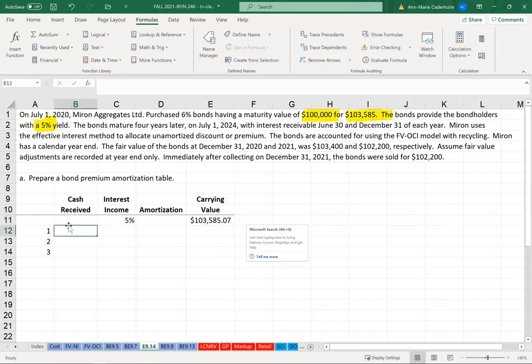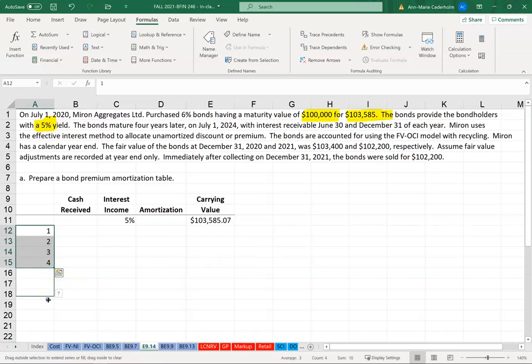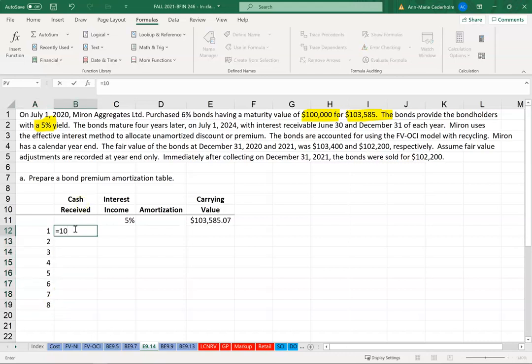Okay, so the cash received that I'm receiving every time I have a bond payment, let's just put in all of these amounts. We said there were 8 payments. And that was 100,000 times the 6%.